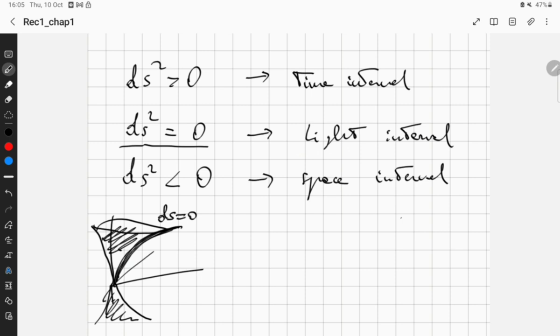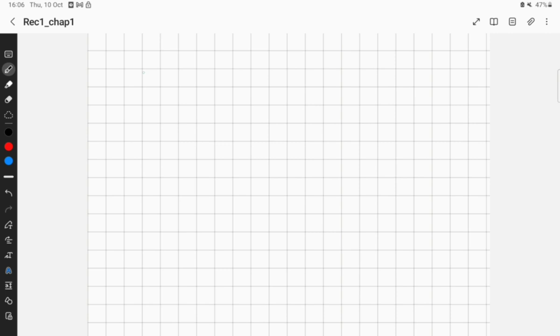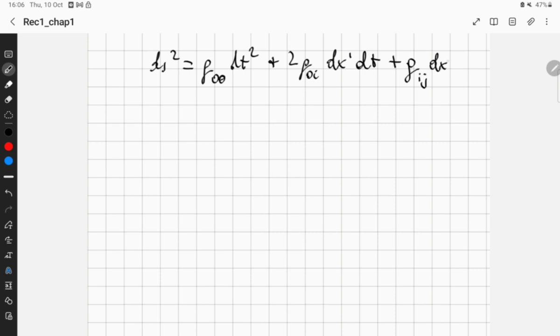That's why it's called a light interval, because it's the distance that photons traveled, at the speed of light by definition. So we've seen the general definition of the metric with the three different components: the time component, the mixed component, and the space component.